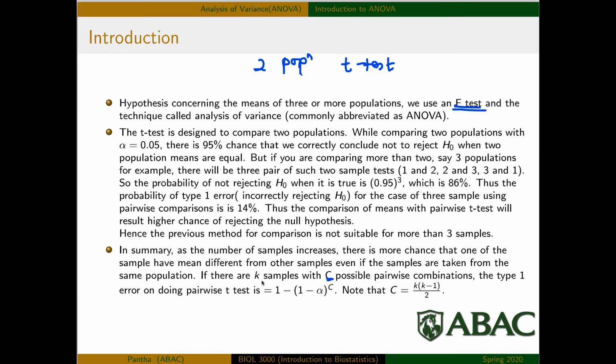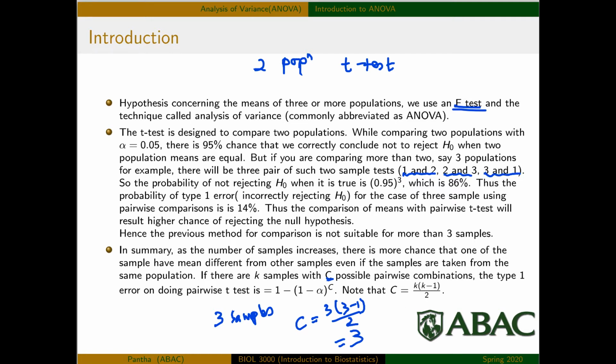For example, if you have 3 samples, what will be c? What is the number of possible combinations? That will be 3 times 3 minus 1 over 2, which is 3. You see that this is one pairwise comparison, that is another, and that is another.